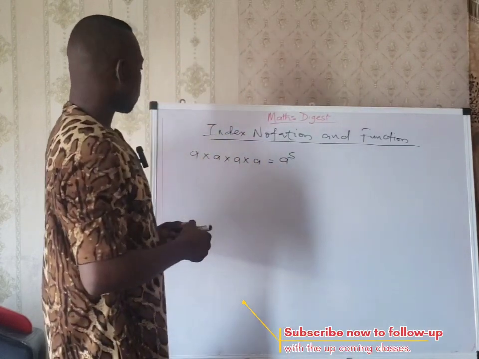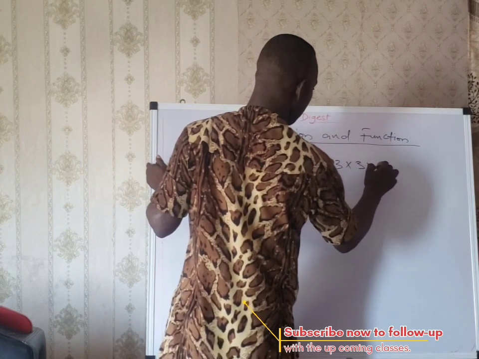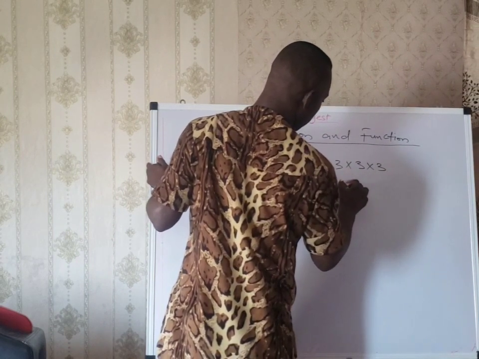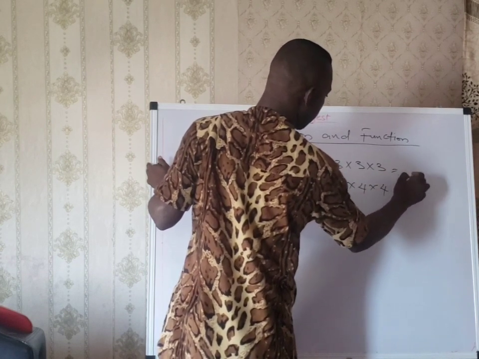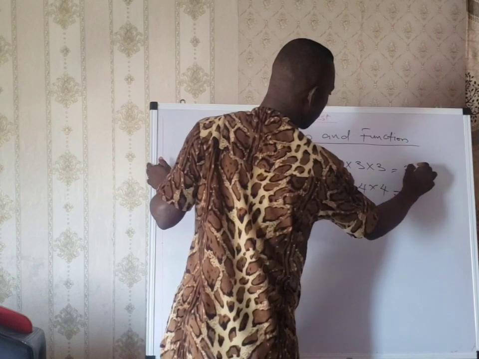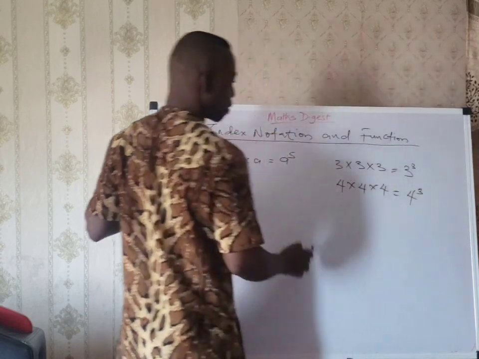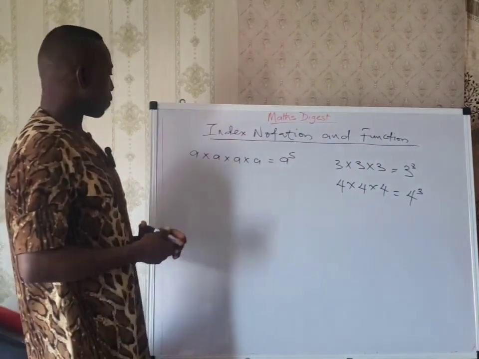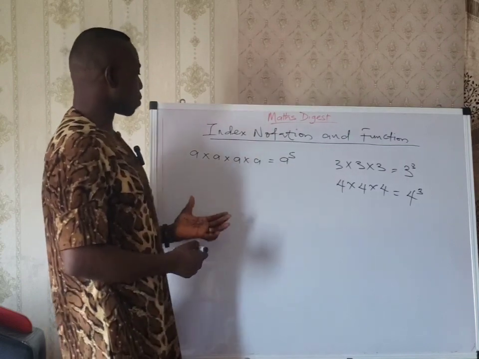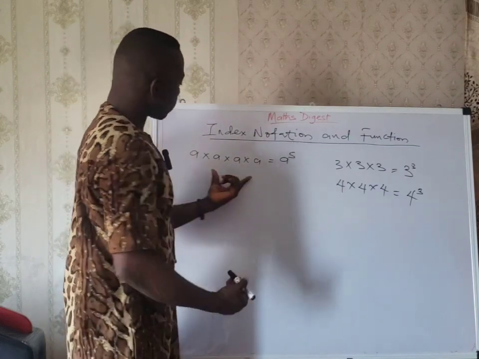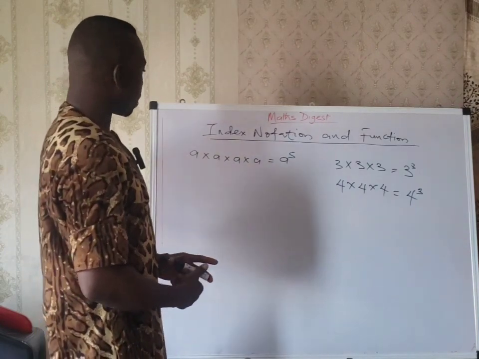Just like we can have 3 times 3 times 3, or 4 times 4 times 4. This gives you 3 raised to power 3, and this one gives you 4 raised to power 3. So this is what we mean by index notation: shortening the product of numbers of equal value.